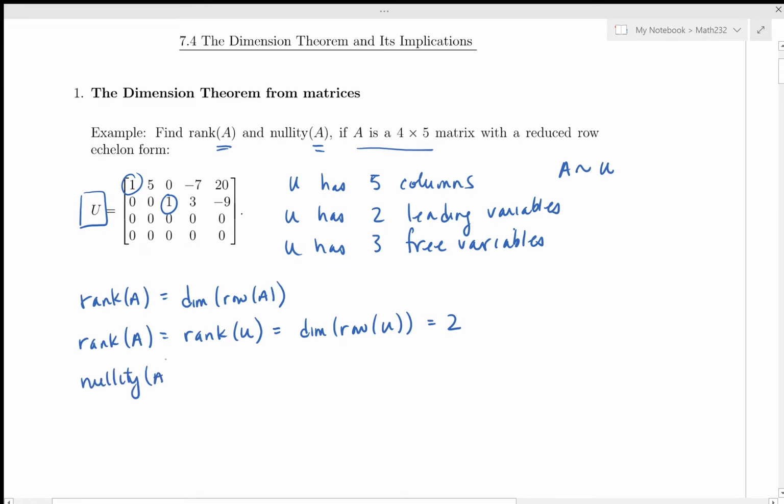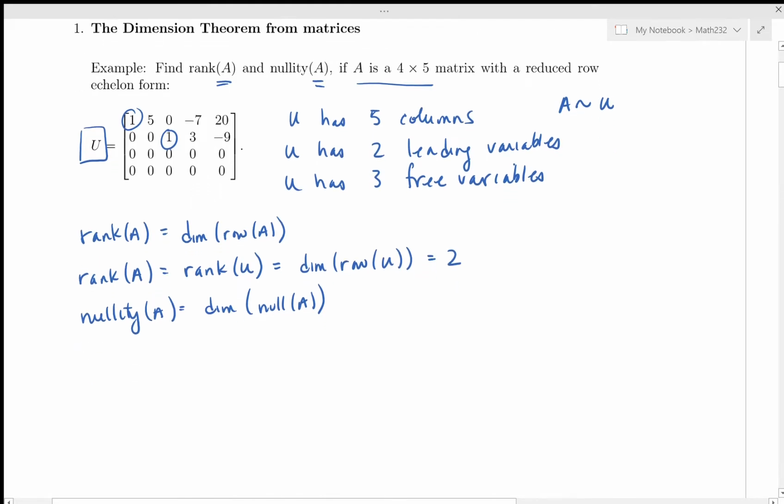And then the nullity of A is the dimension of the null space of A. Elementary row operations also do not change the null space. U has 3 free variables.